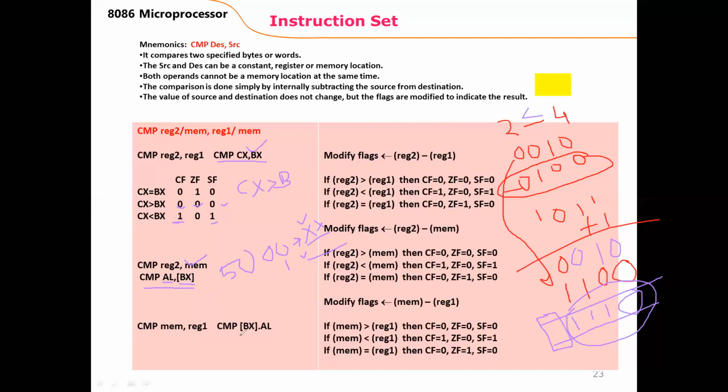Now we can compare the memory location number with the register number. Again, this operation will be performed. In this case, AL number will be subtracted by the number which is stored in effective address 5000H, which we have assumed is stored in BX. Then result will be produced, whether AL is greater than this number, or AL is less than this number, or AL is equal to this number.